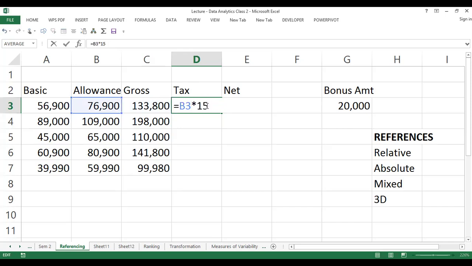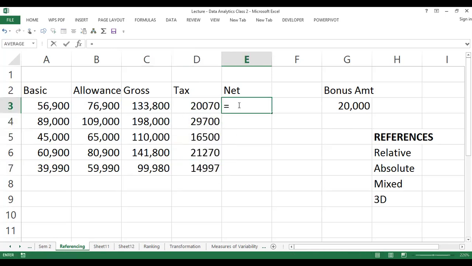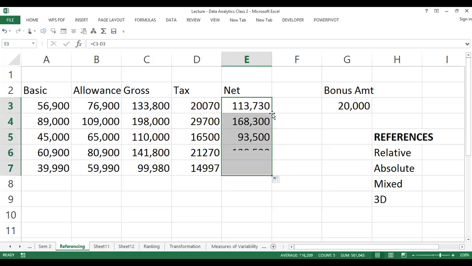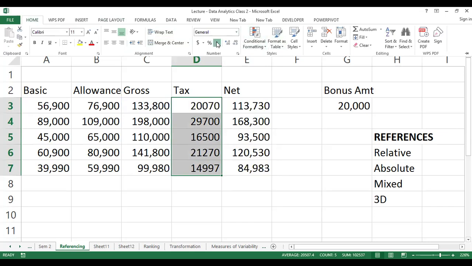Or is it supposed to be B3? I think B3 is supposed to be this one times 0.15. Net, all these are still relative, isn't it? Yes. Minus tax, still relative. Can format this.